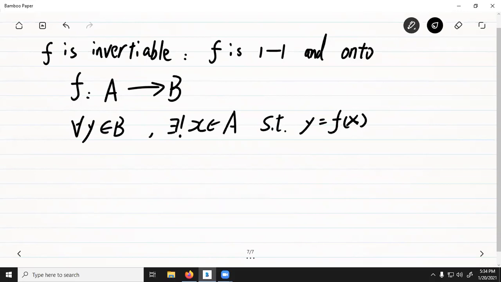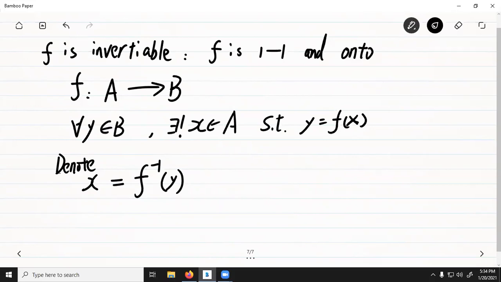So how do we define this x? It says for any y that is given, there must be an element x in A corresponding to it through this relation. How do we do that? What is x? We denote x by f inverse of y.